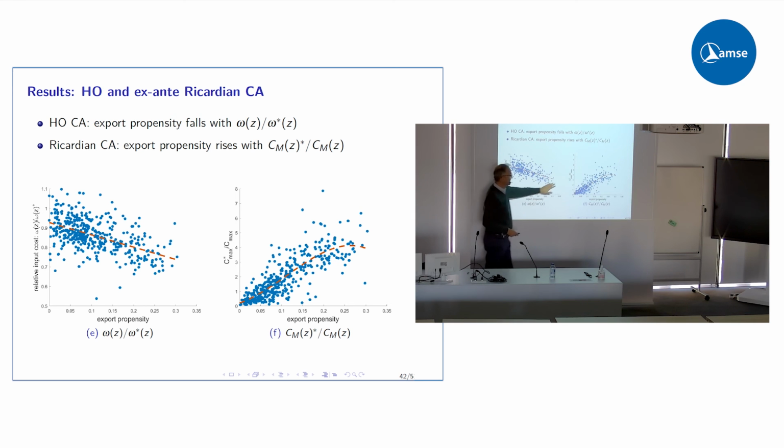And so here from export propensity, we're able to back out the exogenous, I mean the magic numbers in Ricardo. So we have export propensity, we have all the other variables that we have calibrated. With those simple expressions for each industry, we're able to get out the corresponding CM over C max, the CM that we've seen in the model. This one.